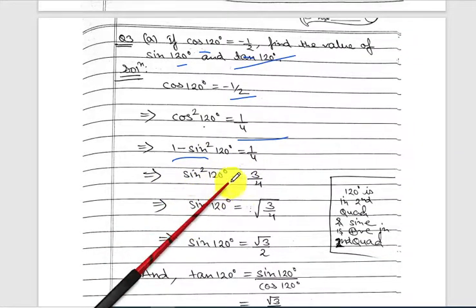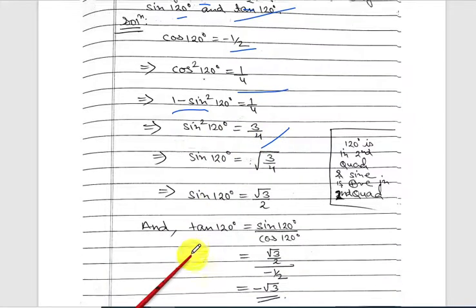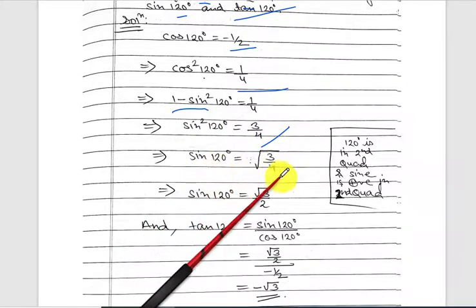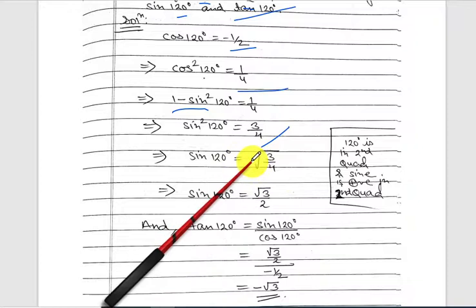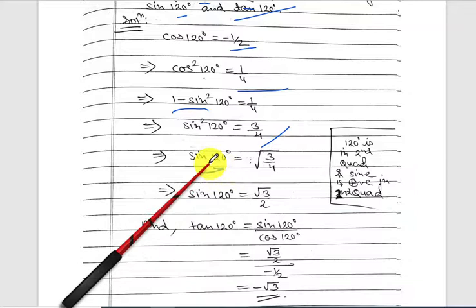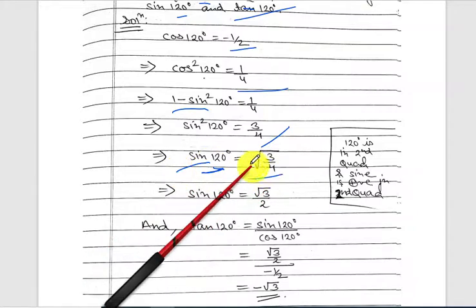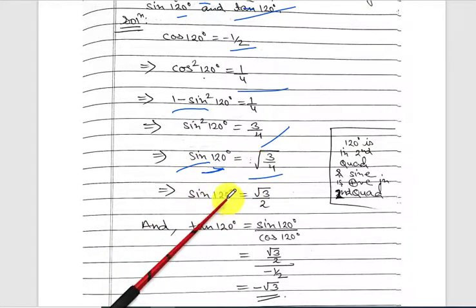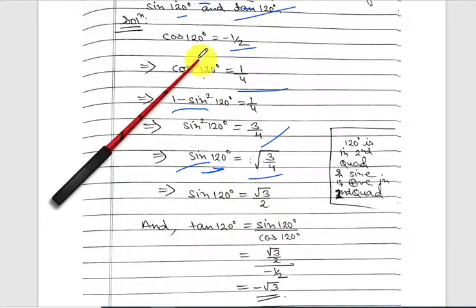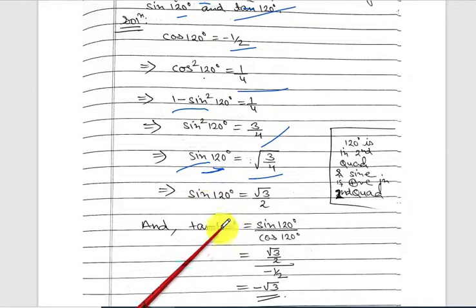Then sin 120 equal to root 3 upon 2. Here I am not taking negative, because 120 is in the second quadrant, and in the second quadrant sine is positive. So you have got the value of cos 120 and sin 120, and you can easily find tan 120. You get minus root 3.